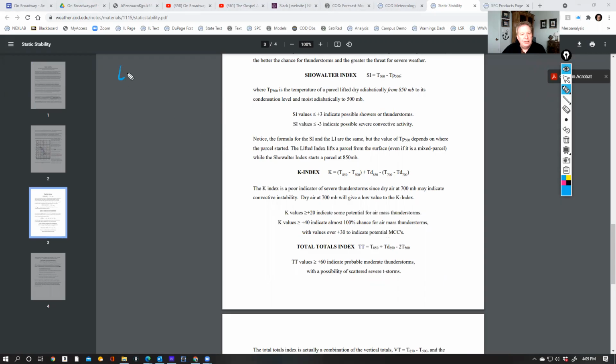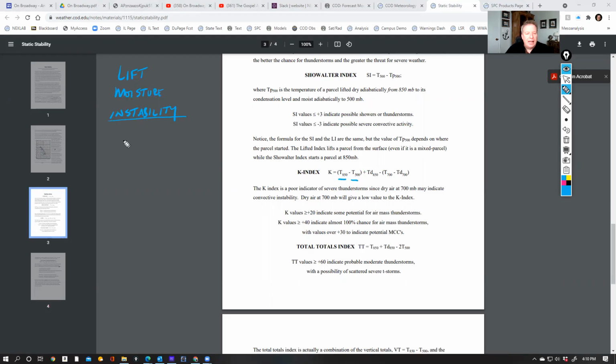Remember, we need lift, moisture, and instability. Instability is a race to get cold between the parcel and the environment. So slow parcels, but a lot of times we can say fast environments. So if I look at the temperature at 850 minus the temperature at 500, this is of the environment.